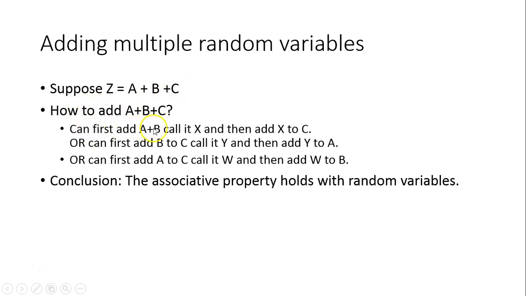You can first add A plus B, call it X, and then separately do the next computation, X plus C. Or you can add B plus C, call it Y, and then you can add Y to A. Or you can first add A to C, call it W, and then W to B, whatever you want. So actually the associative property holds with random variables. I don't care which one I add to what first.